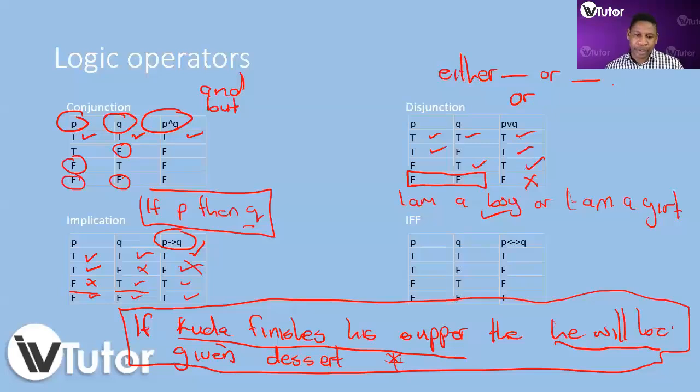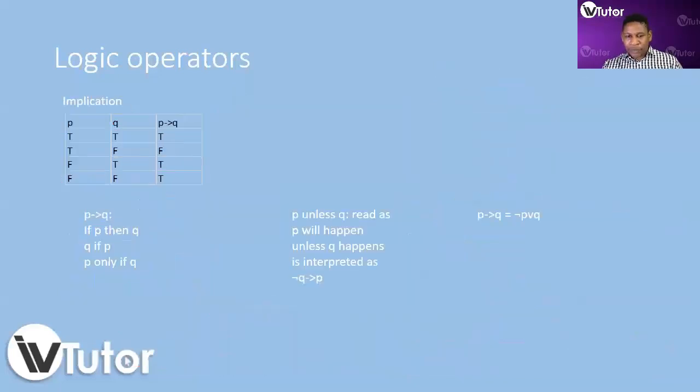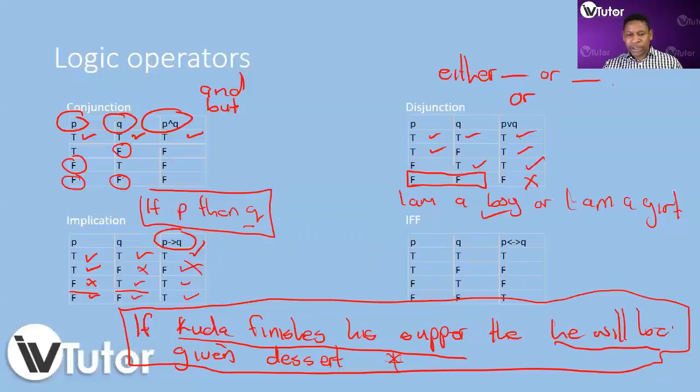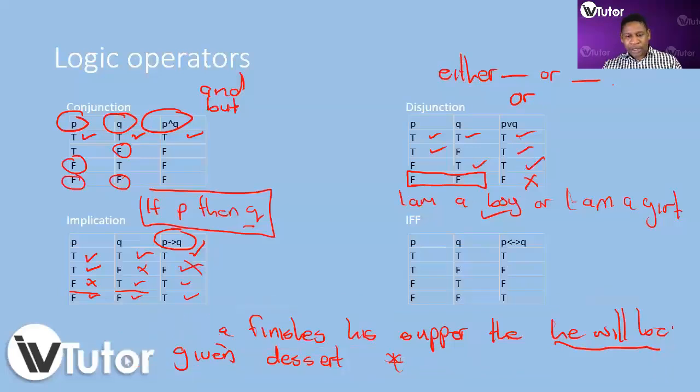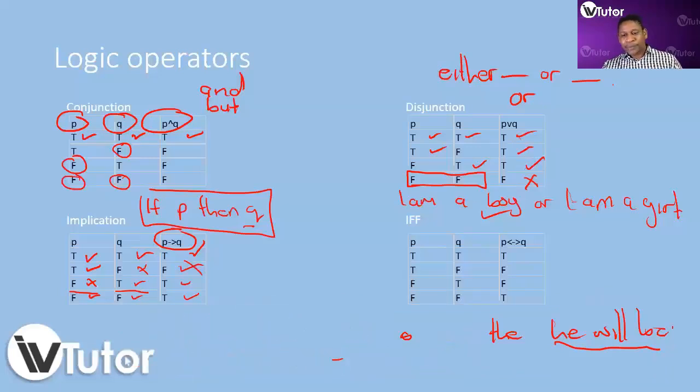All right. Then let's look at if and only if. If and only if is quite special. Because if and only if says, it is derived, so the symbol is this.